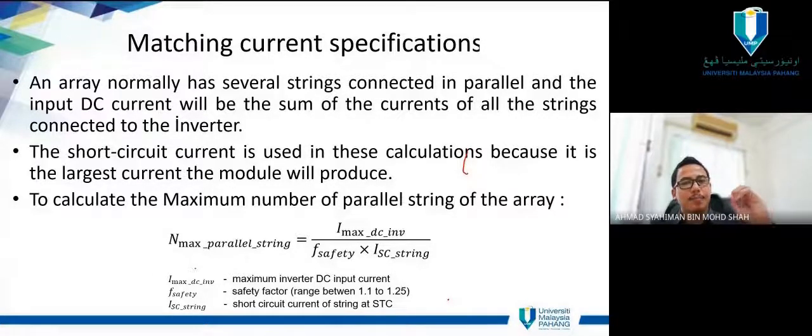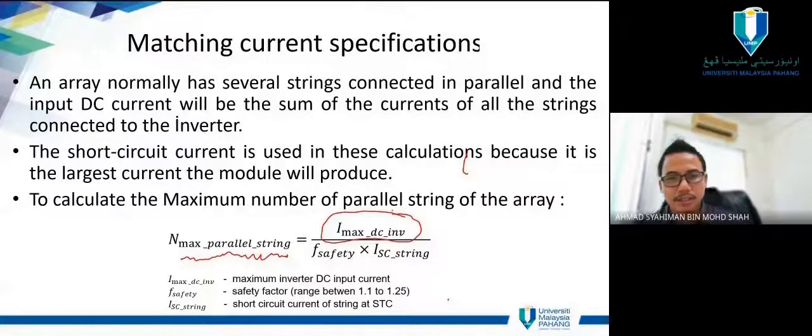nak kira maximum number of parallel string of the array. Okay, macam mana nak kira N max parallel string? Berdasarkan inverter tadi, kita ambil I max DC inverter. DC tu mean that input lah.